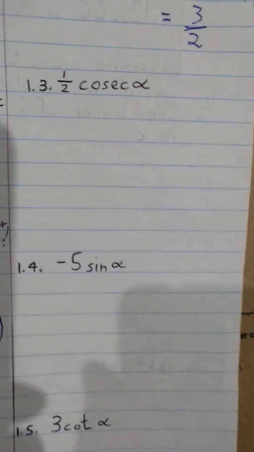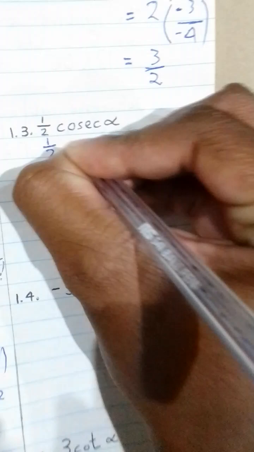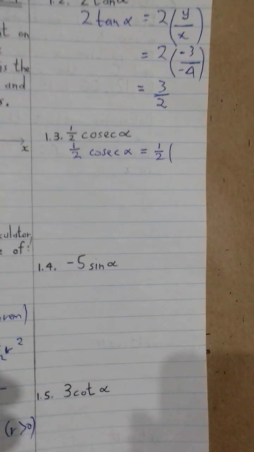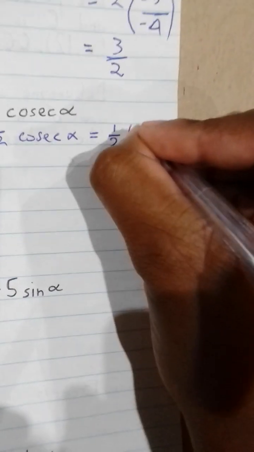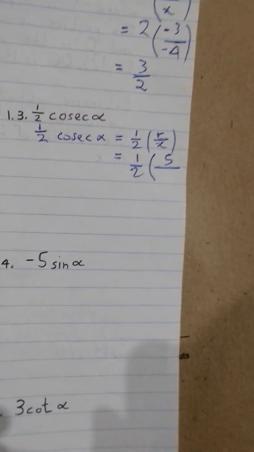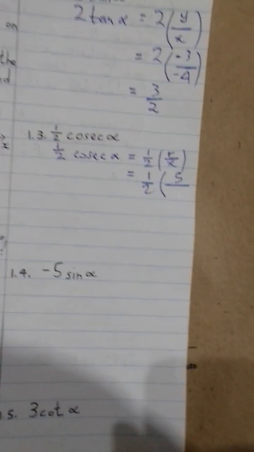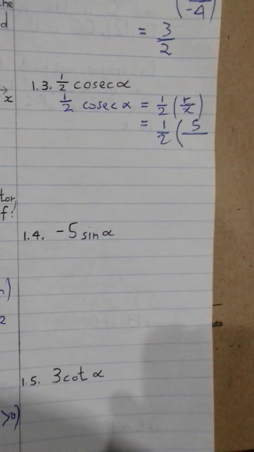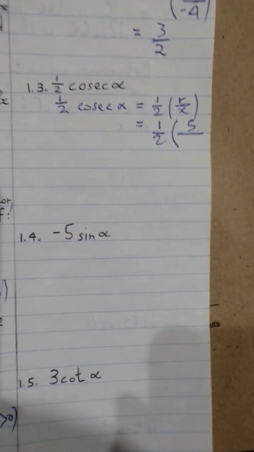1.3, half cosec alpha. What is cosec? Cosec is 1 over sine, which is r over x. Wait. Cosec is 1 over sine.